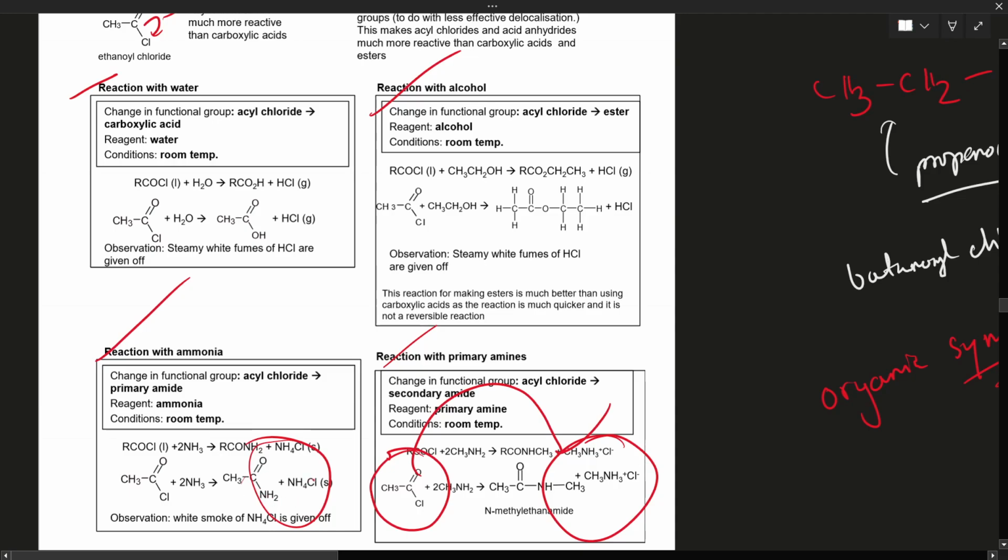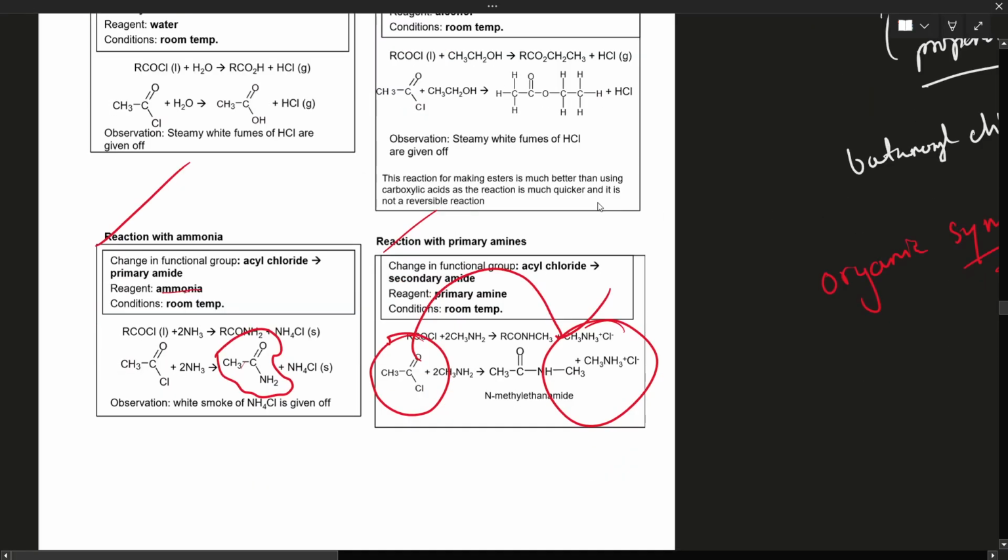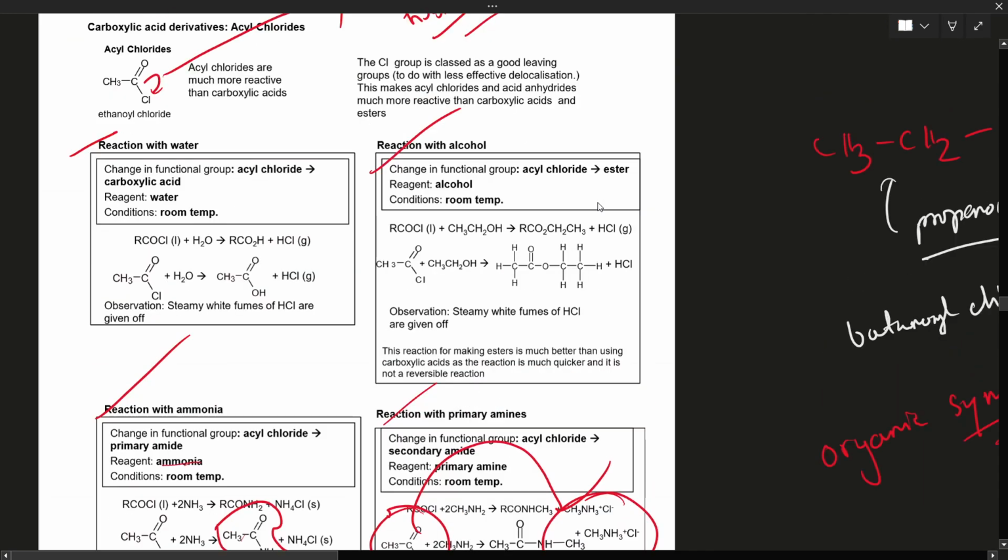One way is converting it first to acyl chloride and then producing this by reacting with ammonia. Okay, sorry, this is a primary amide. I made a mistake, sorry. Anyways, that's why you should remember all the reactions.